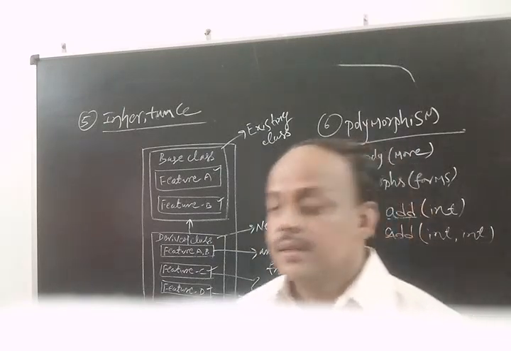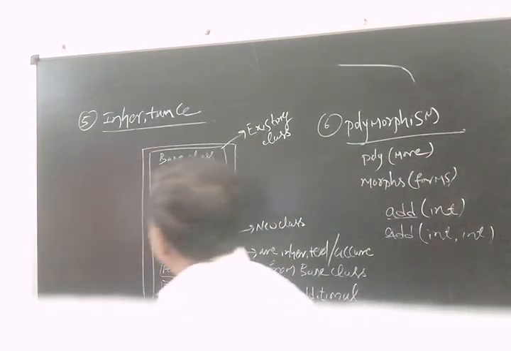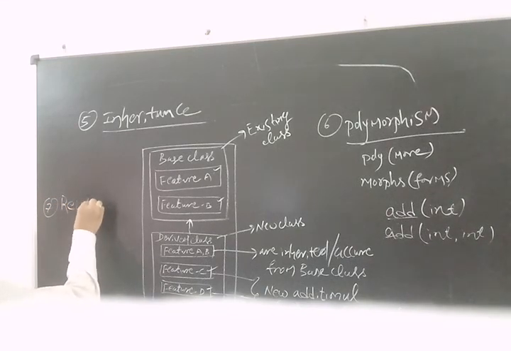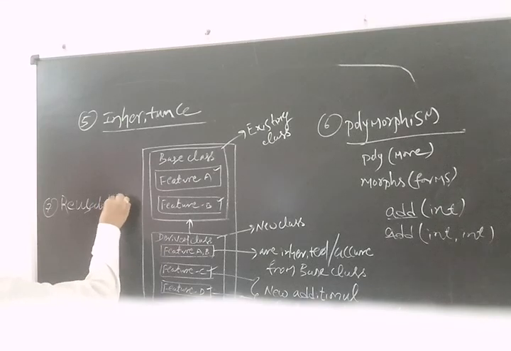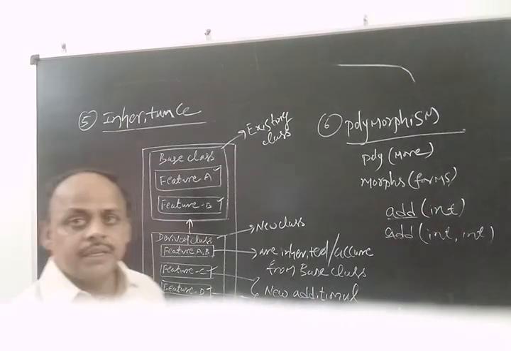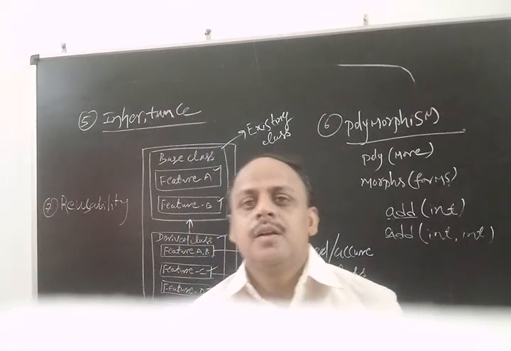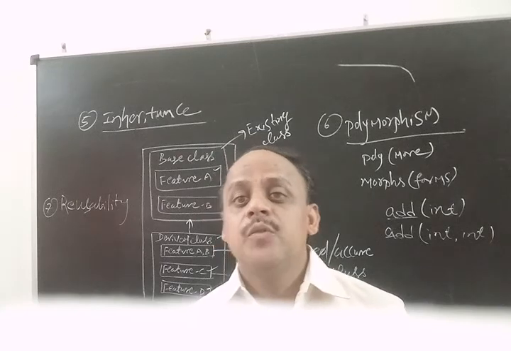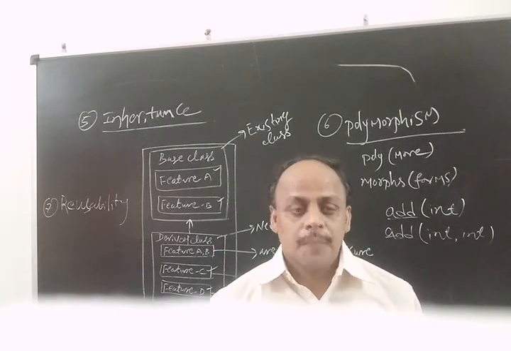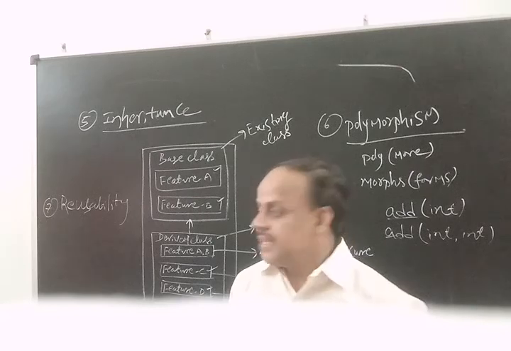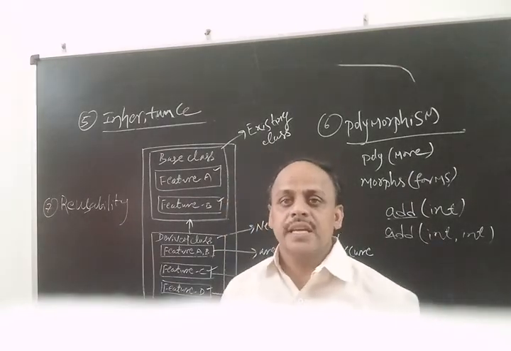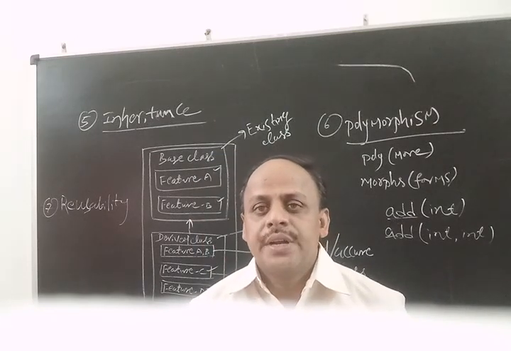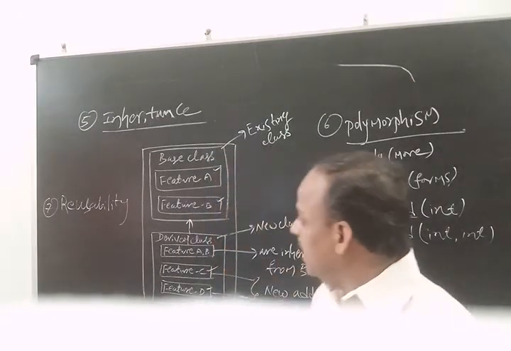And the next point, the seventh point, is reusability. In OOP this facility is available, that is reusability of code. Inheritance provides this facility in object oriented programming. What is meant by reusability of code?